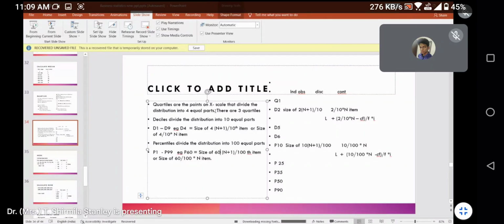D5. Very good. So you have to find D5 so that it is equivalent to median. If you are asked which percentile is equivalent to quartile 2, which percentile will you find? P50. Very good. So 50 by 100, it's again 1 by 2.